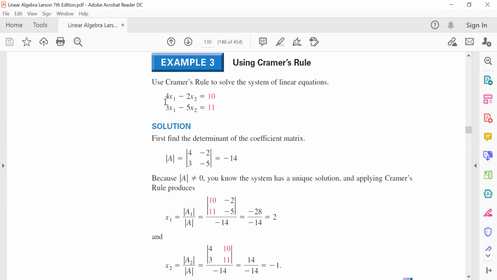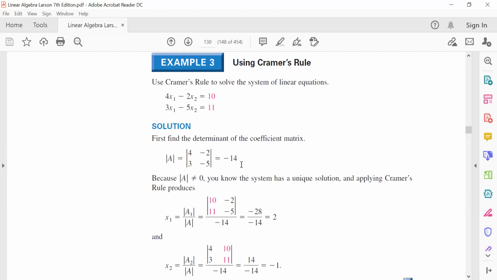So the determinant of the coefficients turns out to be negative 14, because it's negative 20 plus positive 6, which winds up being negative 14. And so the determinant is not 0, so we're in business.